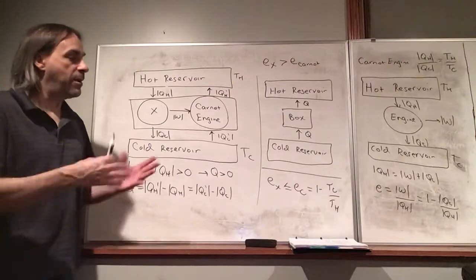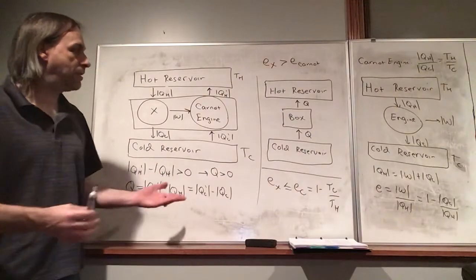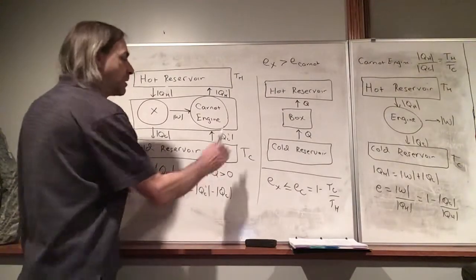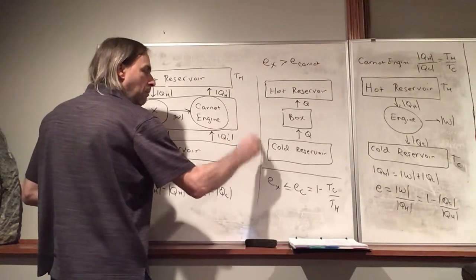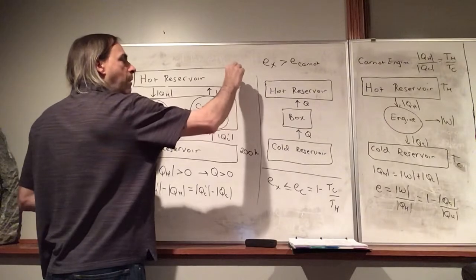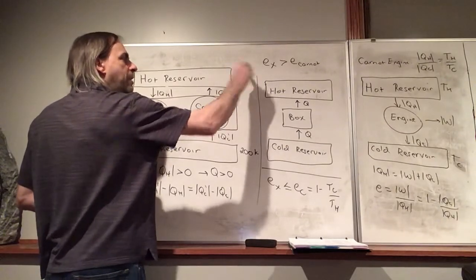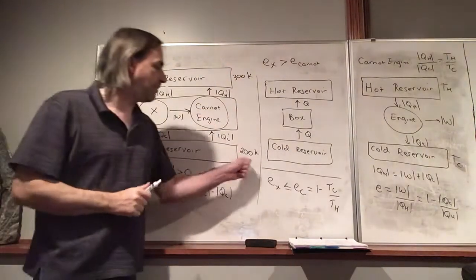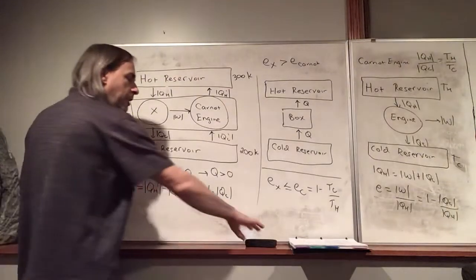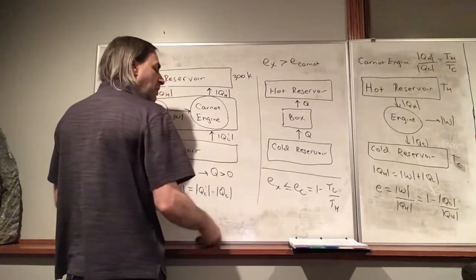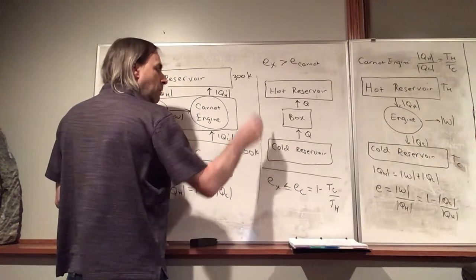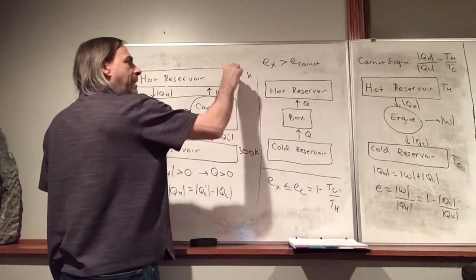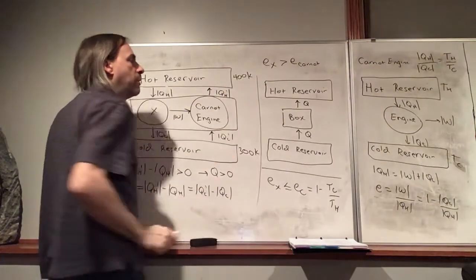So again, this is a very profound statement because, let me just give you a numerical example. Let's say you have two reservoirs. Like 300 Kelvin is room temperature. You know what, let me change that. Let's say 300 is a cold reservoir. So let's say you have something hot, 400 Kelvin.